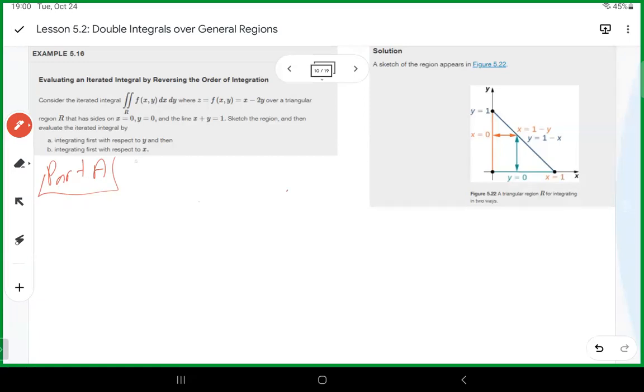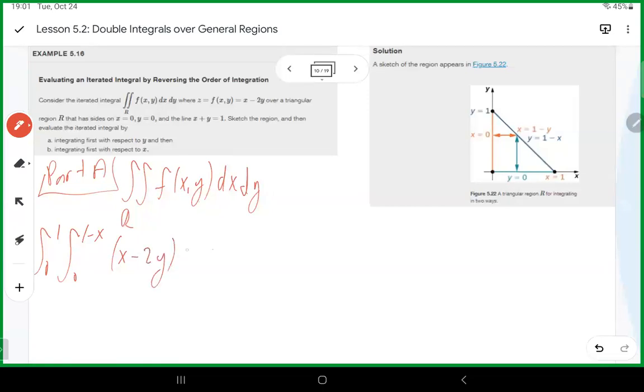So we're going to go with our region, and obviously that's where you start each time. All right, so then 0 to 1, 0 to 1 minus x, and it's x minus 2y dy dx.